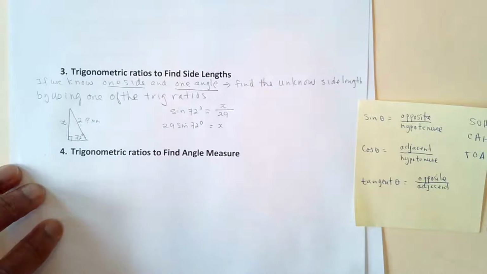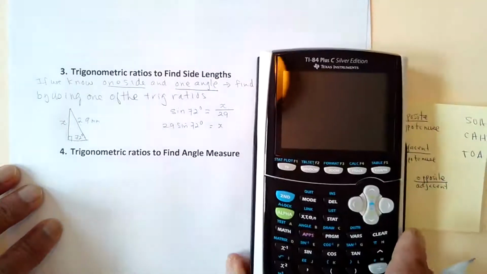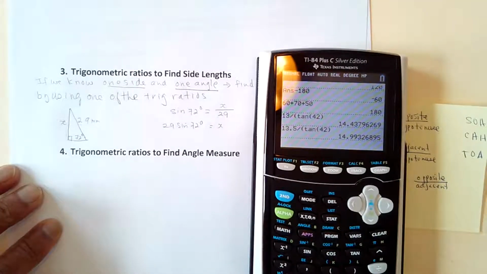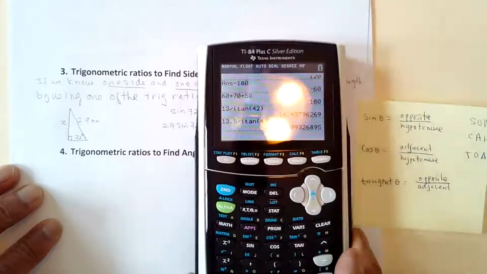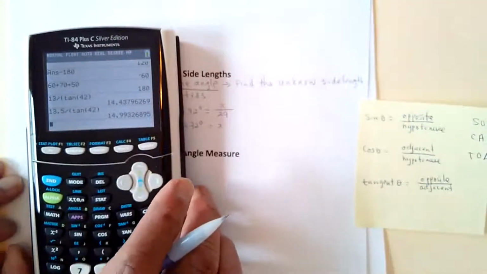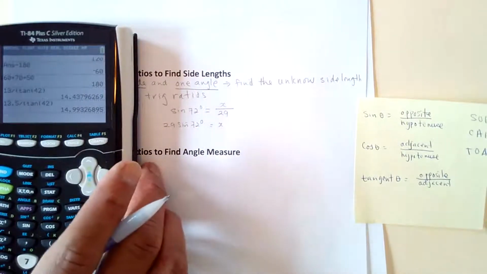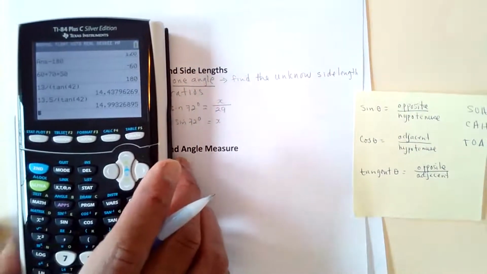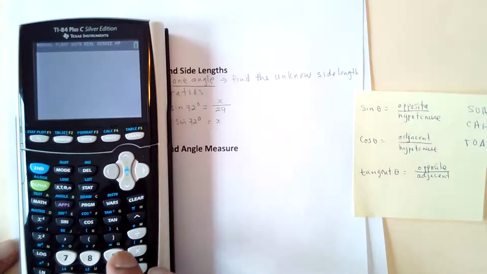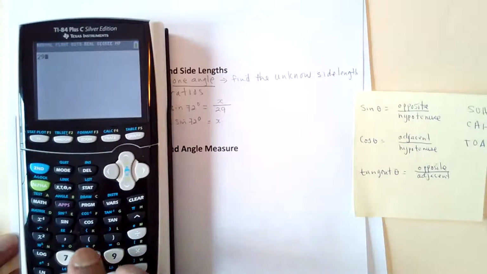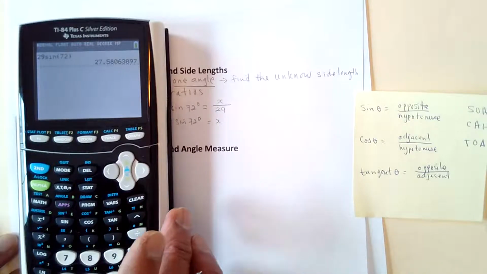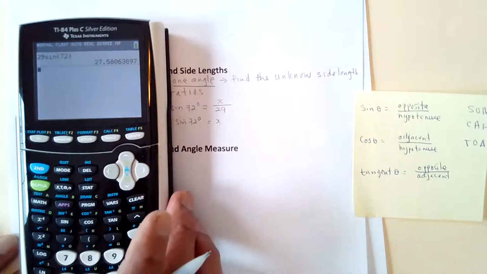Use my calculator for that, and always remember your calculator will be in degree mode. So it is 29 sine 72.